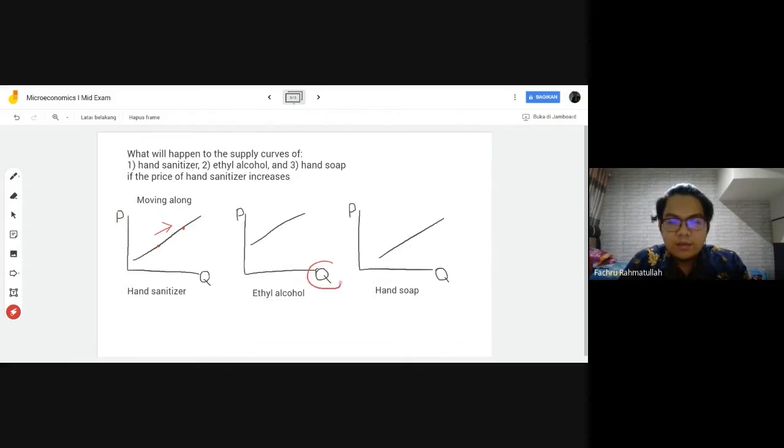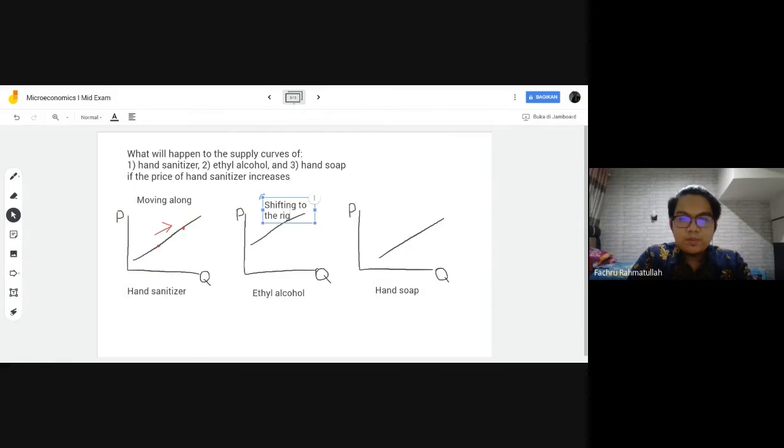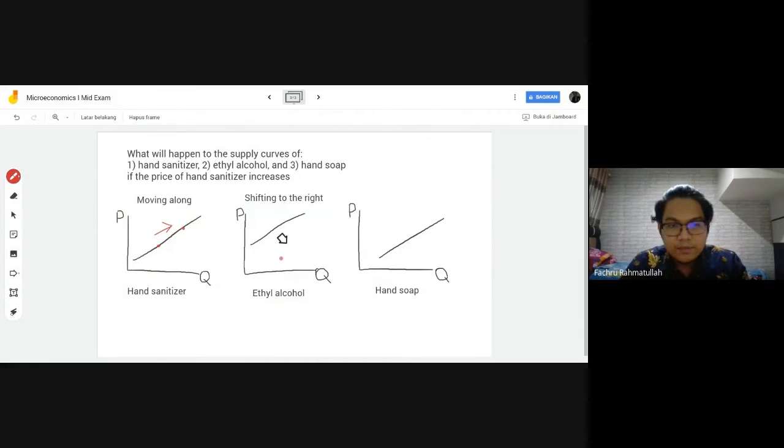We need the quantity of ethyl alcohol to be more produced, but the price doesn't change. So like the previous answer, it's called shifting to the right. It can be called shift or shifting, whatever you like. So the curve will be like this.